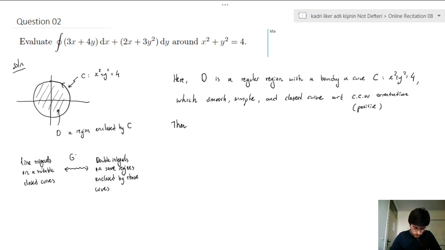So this is what Green's theorem tells us, very briefly. For details, you can check the lectures if you like, but this is briefly what Green's theorem tells us.